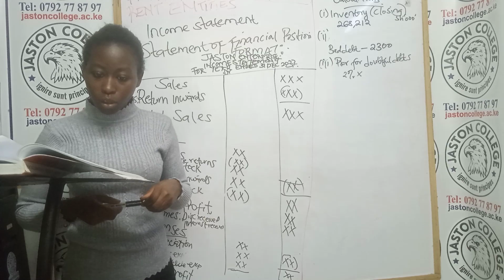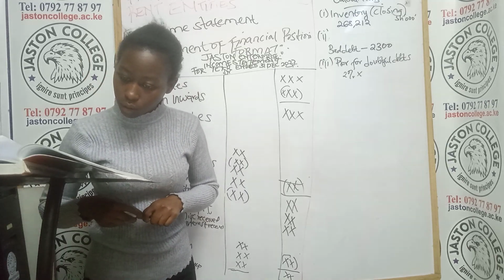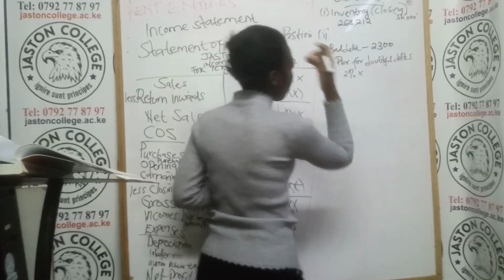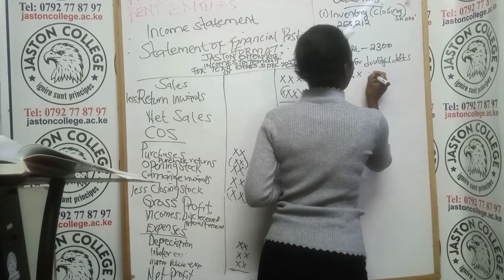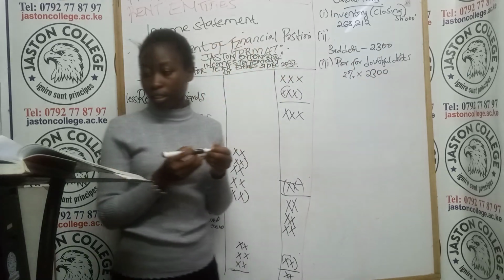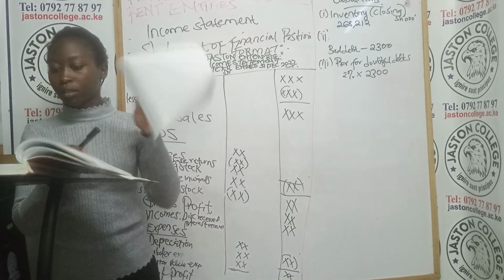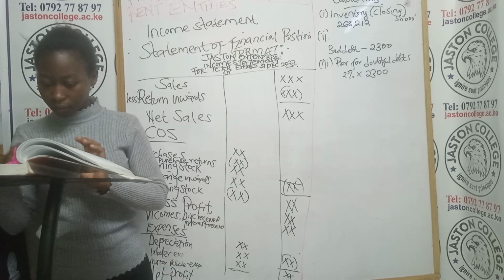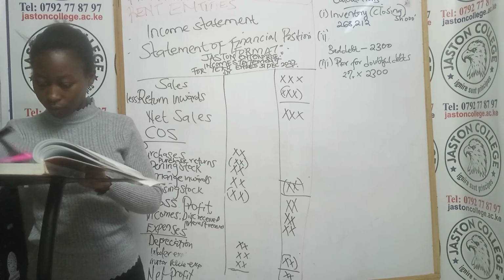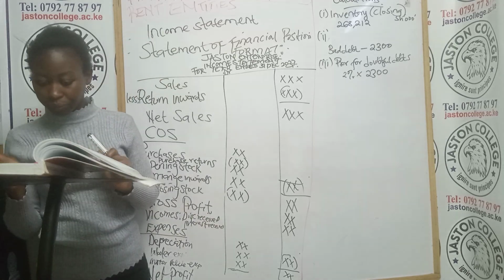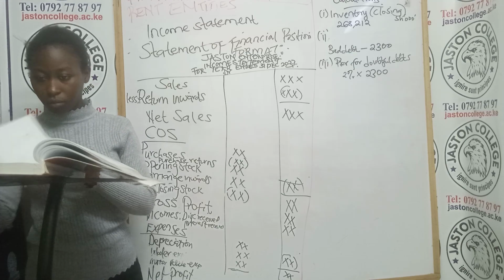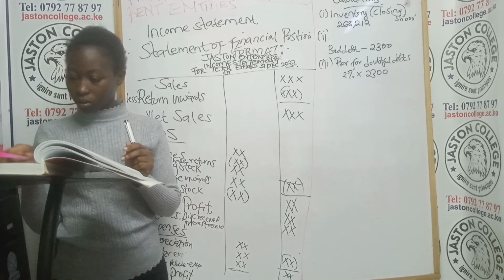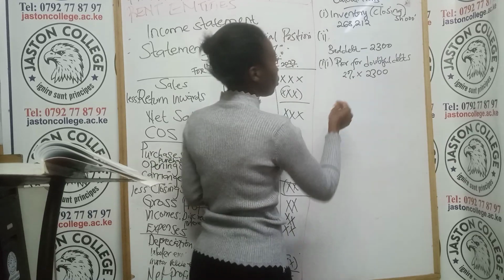So what we do, okay, the provision for our doubtful debts will be 2% of the debts.